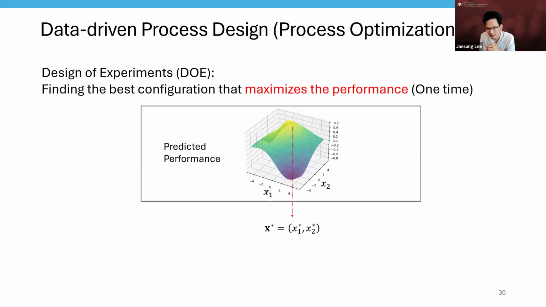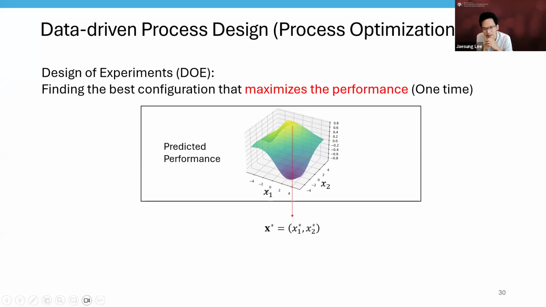Then you will have 25 points. At each of the 25 points, you do the experiments with a different speed and a different tool size. With all of that collected data, you make a predictive model and select the process parameter value that achieves the best performance. So this is called the design of experiments.